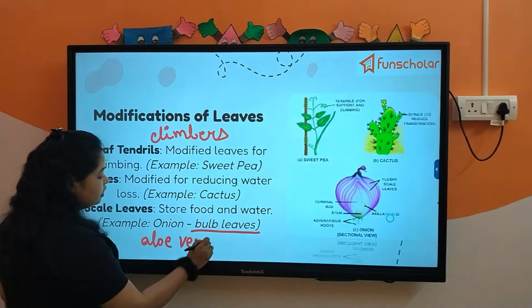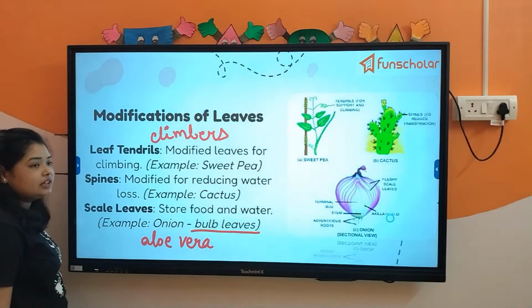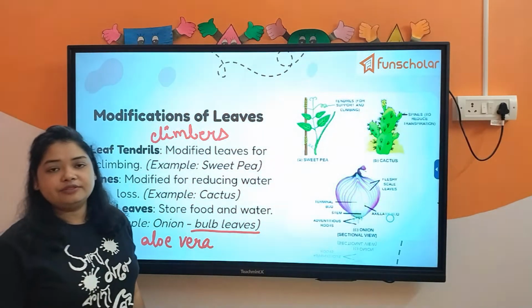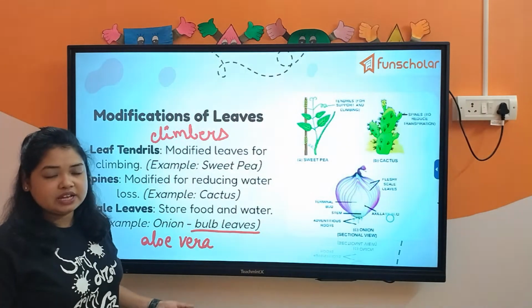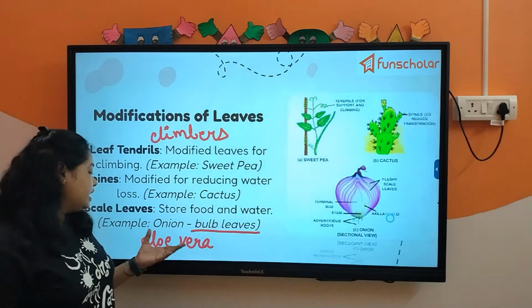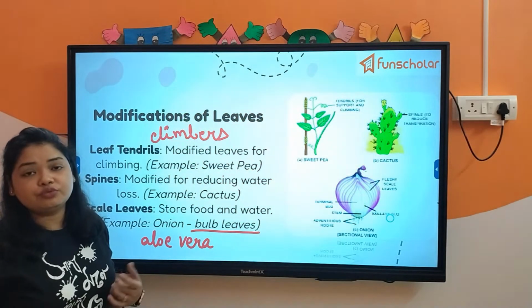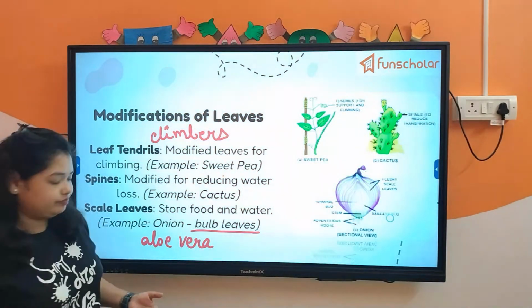In aloe vera also, we can see the leaves are very fleshy, and if you cut the leaf, the juice will come out, that is the cell sap. So therefore, it is a storehouse of nutrients, water and minerals.